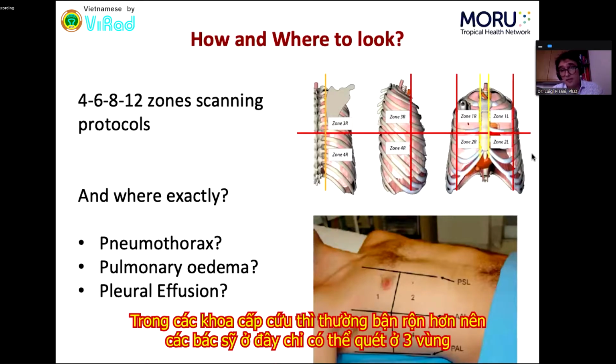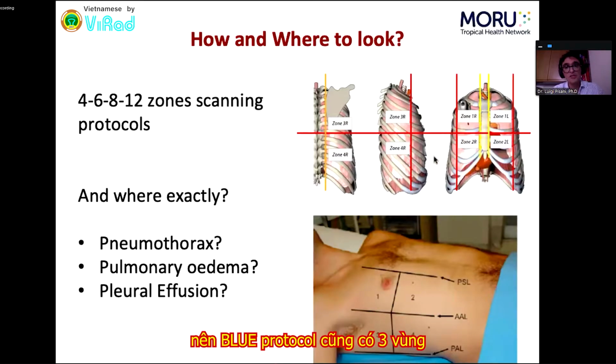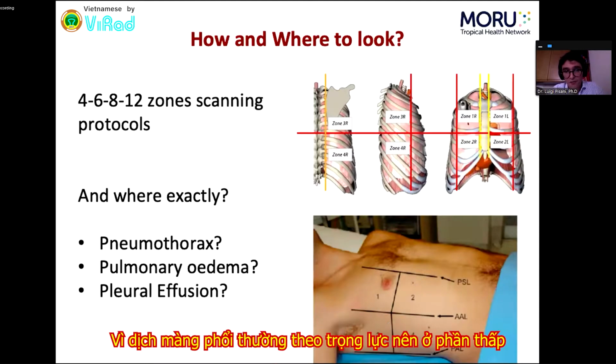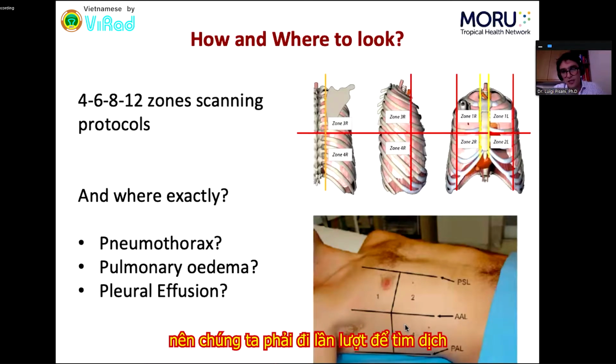In the emergency department, where they are more busy, maybe they only scan 3 zones. And the BLUE protocol is also 3 zones. The more important thing is to remember that air will go up, and so you need to find air on top, while pleural effusion will go with gravity down. And so we need to look for it in the dependent zones.